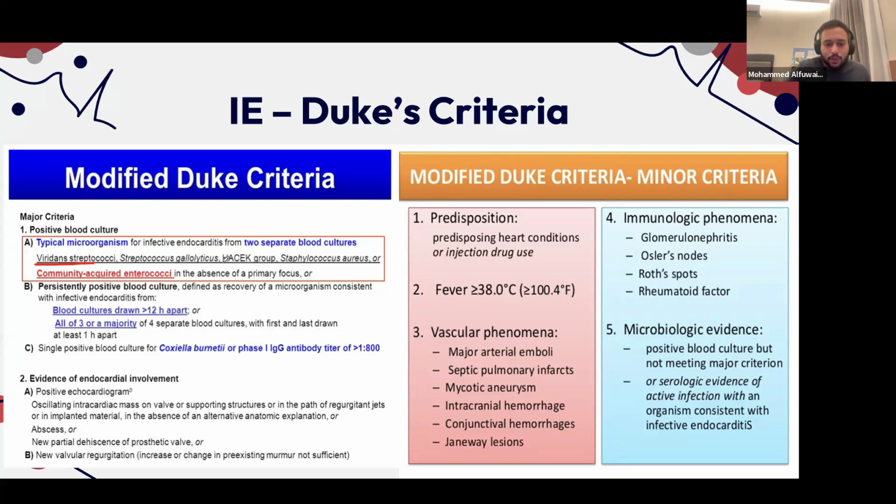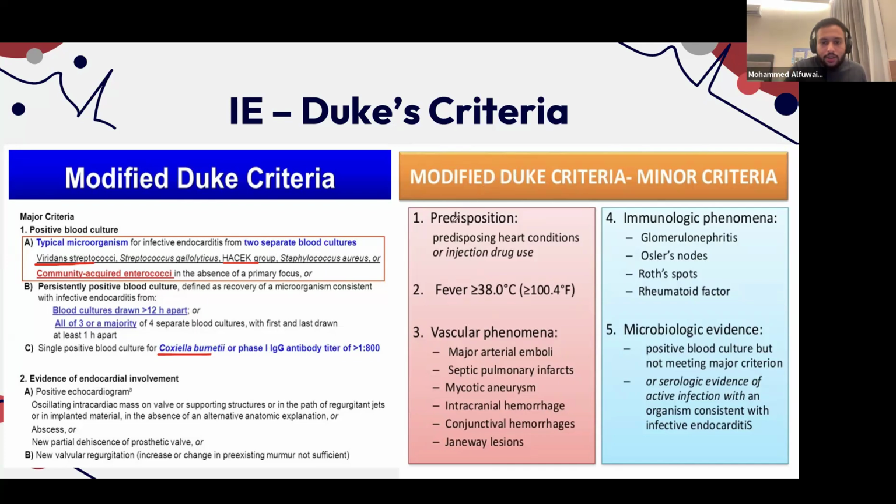Now, this group of microorganisms are basically the gram-negative microorganisms. That's another thing. And Staph aureus, as you already mentioned, is associated with IV drug users. Okay? So you need evidence of this, or persistent blood cultures, or a single positive blood culture for Coxiella. Anyways, yes, gallolyticus is strep bovis. The name just changed.